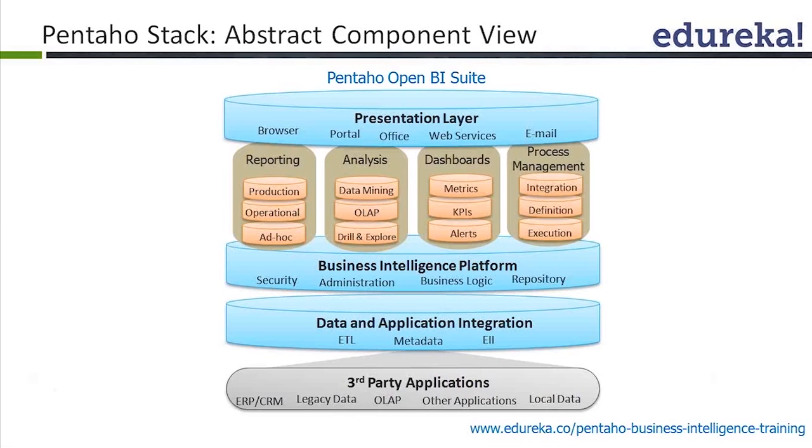I hope there won't be any copyright issue. So let's say any giant beverage company, and it is using a lot of CRM solutions, legacy data solutions, which are integrated with its IT hub.